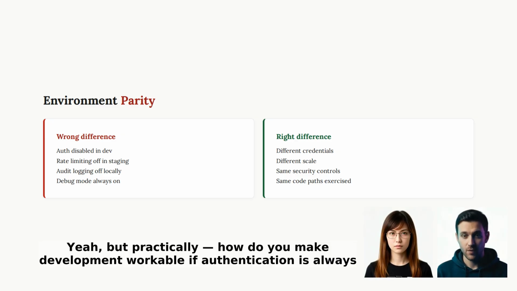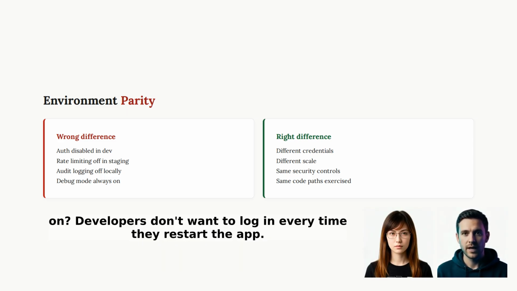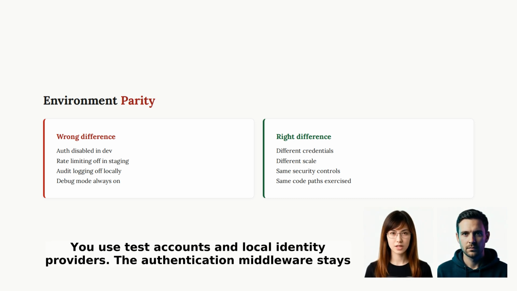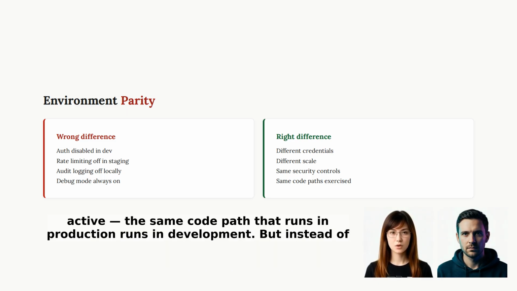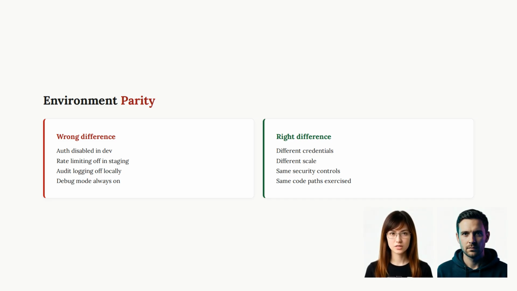Yeah, but practically, how do you make development workable if authentication is always on? Developers don't want to log in every time they restart the app. You use test accounts and local identity providers. The authentication middleware stays active. The same code path that runs in production runs in development. But instead of connecting to your production identity provider, it connects to a local one with test credentials.